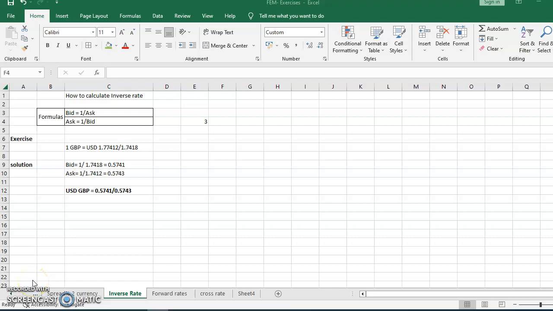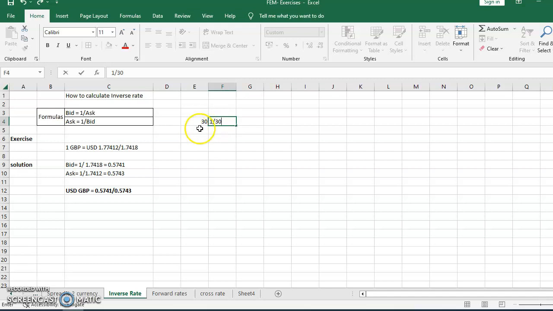In today's class, we will see what is meant by inverse rate and how we calculate it. If I ask you how to write the reciprocal of a number, say 30, you would say it is 1 over 30, right?